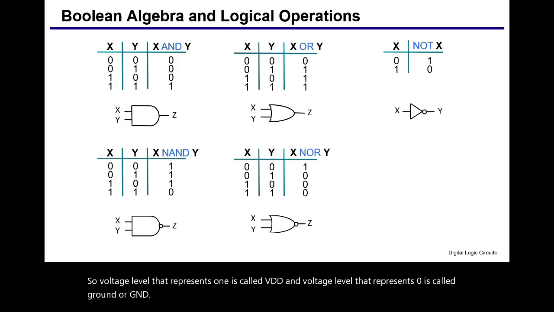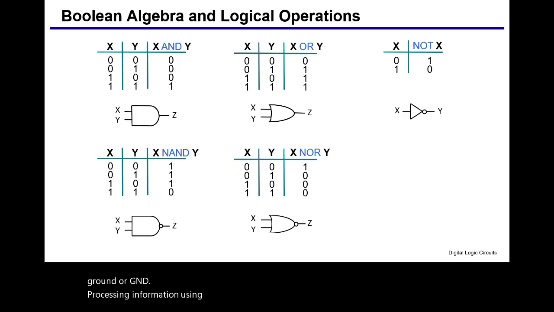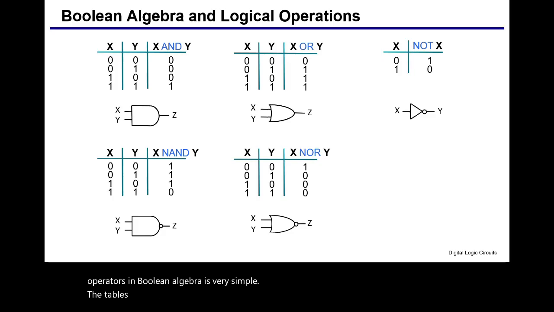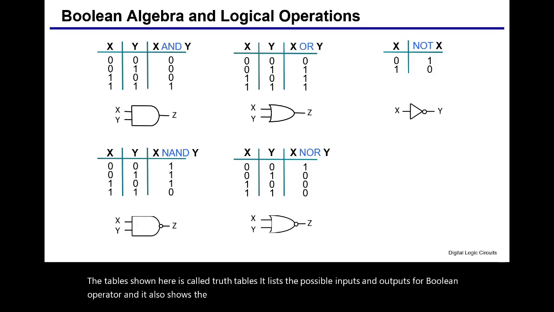Processing information using these ones and zeros is based on Boolean algebra. The basic operators in Boolean algebra are very simple. The tables shown here are called truth tables. They list the possible inputs for a Boolean operator, and also show the corresponding output value for each input combination.